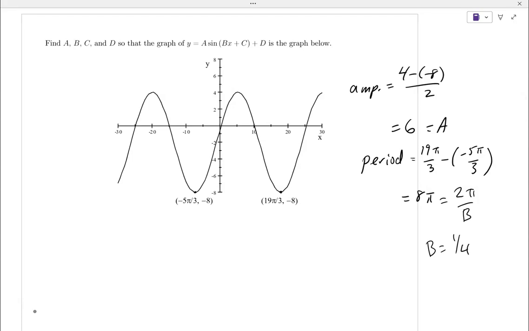Now, the shifts are a little bit more difficult in this one than they were in the previous one. The previous one was a little bit easier because if I think about sine graph or cosine graph or what have you, if I stretch it vertically or stretch it horizontally, say something like that, notice the middle stays in the same place, right?